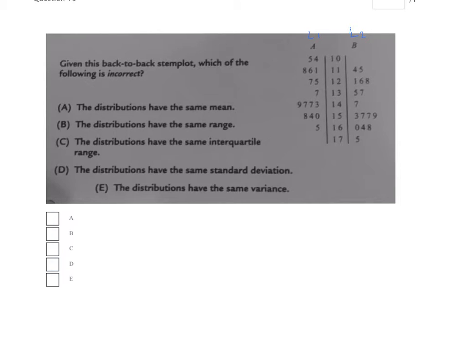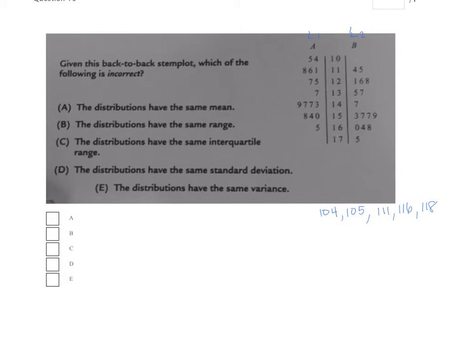Now, they don't tell you what this represents, but what this plot is actually telling you is that for A, the first number would be 104, the next number would be 105, and then the next one would be 111, 116, 118.